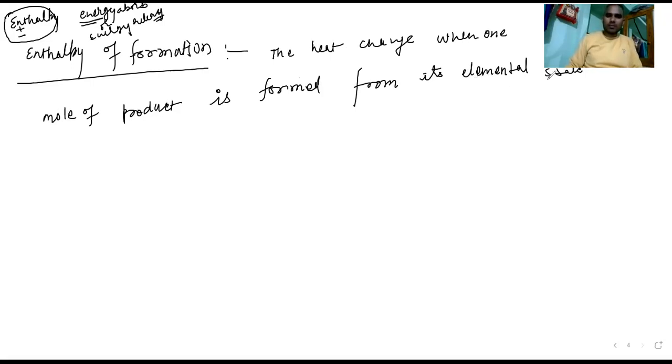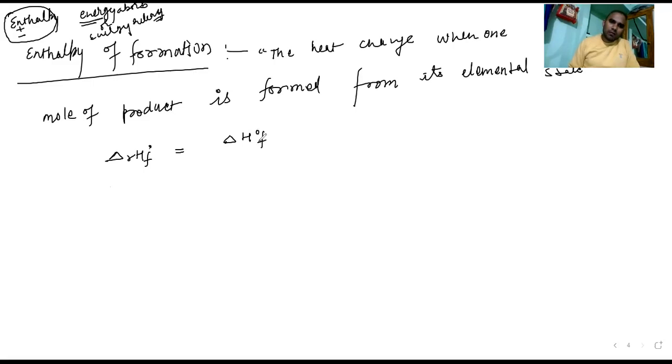Elemental state means the state from which it is formed. So how much energy, how much heat change, that is what is known as enthalpy of formation. So how can we calculate it?